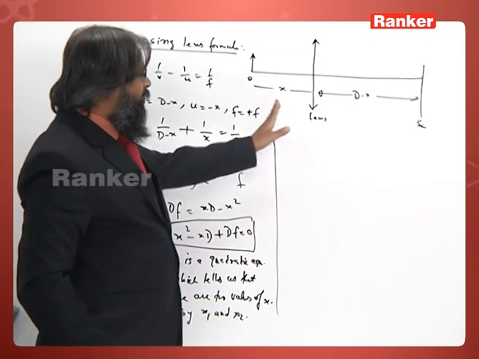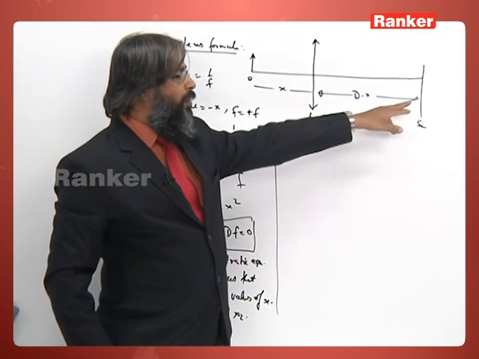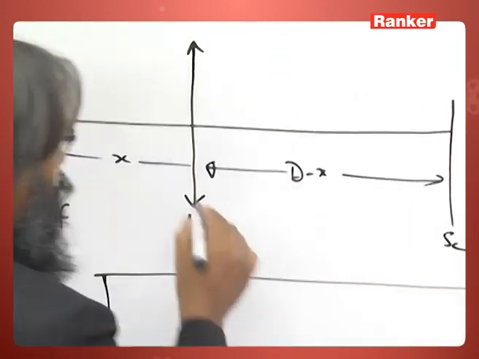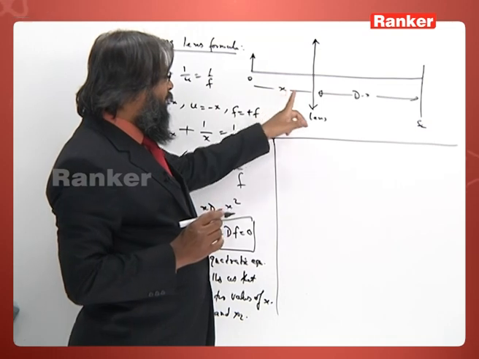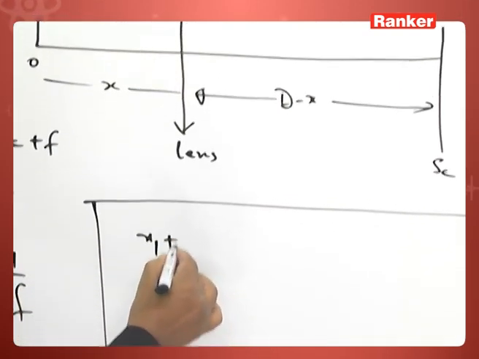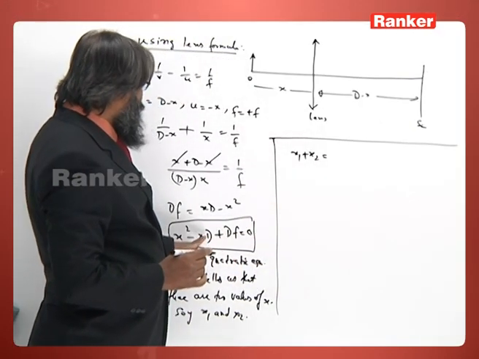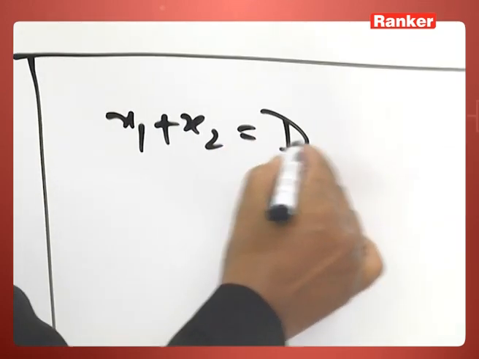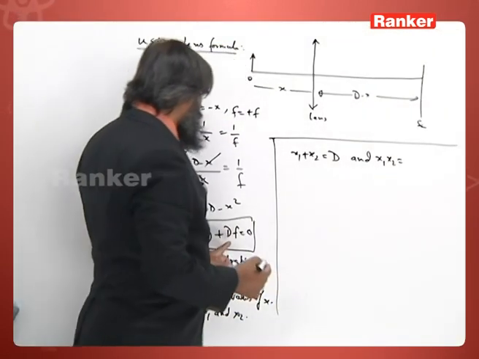That means there are two positions of the lens for which, for this object on the fixed screen, we are going to have an image. Let the two lens positions from this object be denoted as x1 and x2. So, x1 plus x2 is equal to the sum of the roots, which is minus b by a, that is D, and the product of the roots x1 and x2 becomes c by a, that is Df.